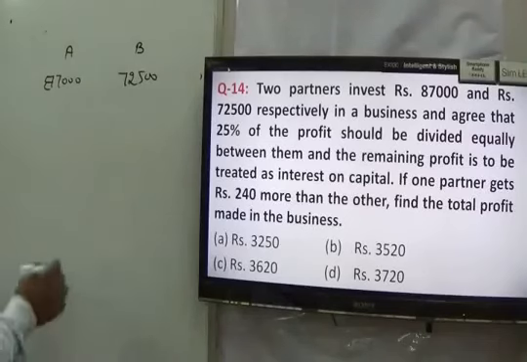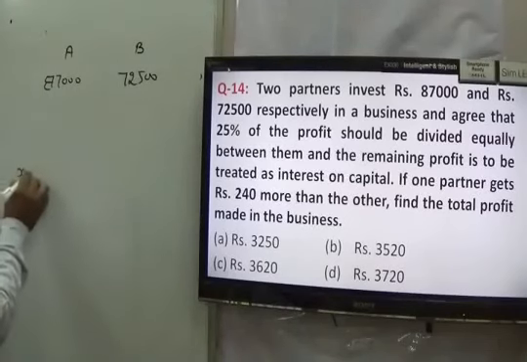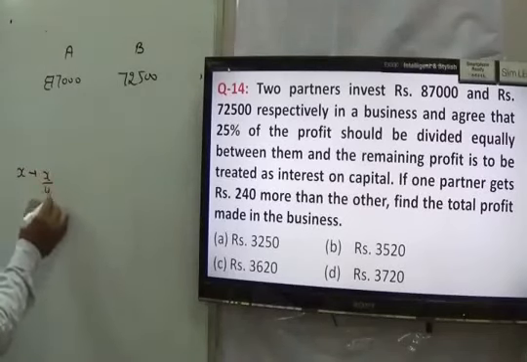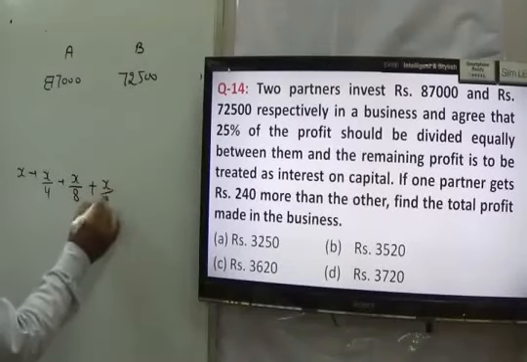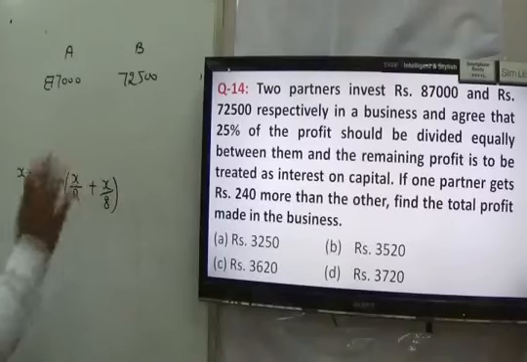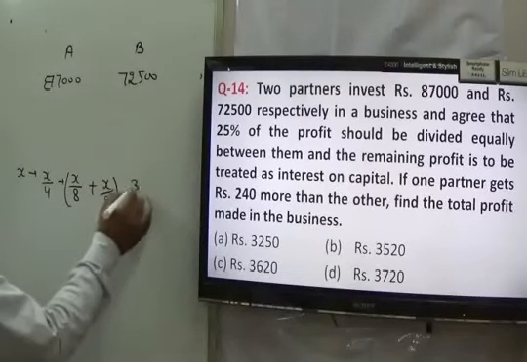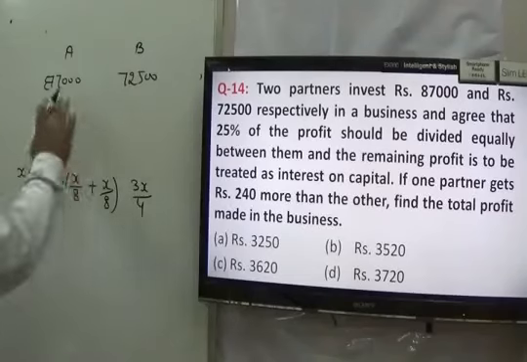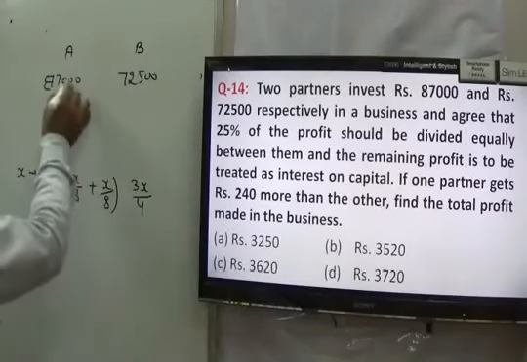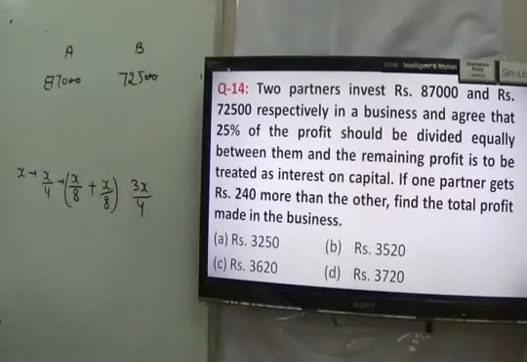It means if I say the total profit is X, X by 4 has to be divided equally, so X by 8 plus X by 8 has to be given to them. Whatever is left is 3X by 4. This 3X by 4 has to be divided in the ratio of their capitals.